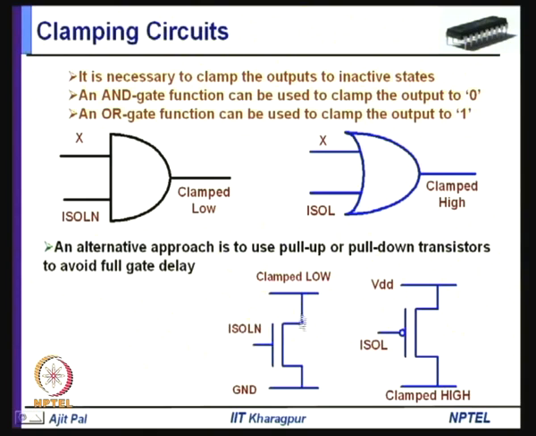Whenever it is high, this will be clamped down to low level. Similarly, in this particular case, whenever this signal is low, this will be clamped to high level. So, you can use this type of simple clamping circuits instead of using gates when the delay requirement is large.